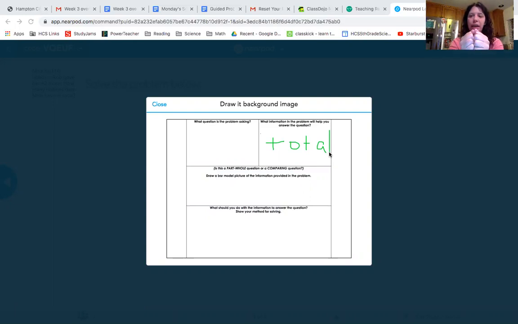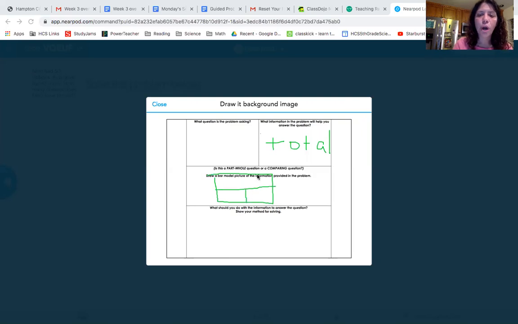So that total has to be a larger number. So let's go ahead and draw our part whole. And boys and girls, this is how I grade your test. I literally do a little part whole right next to every single word problem, and I can solve them very quickly.